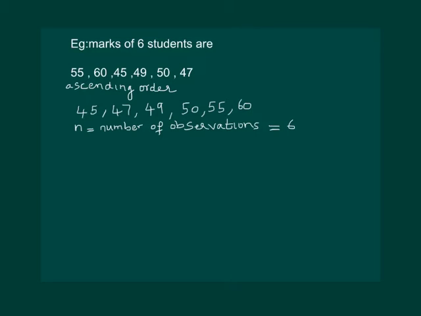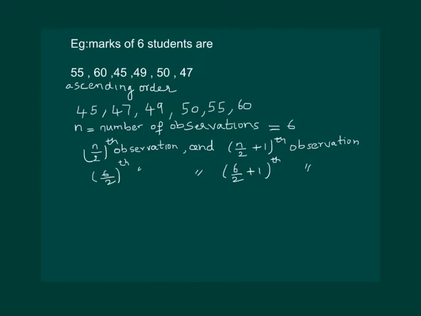So we will find the n by 2th observation and the n by 2 plus 1th observation, that is the 6 by 2th observation and the 6 by 2 plus 1th observation, which comes out to be the third observation and the fourth observation, which are 49 and 50 respectively.